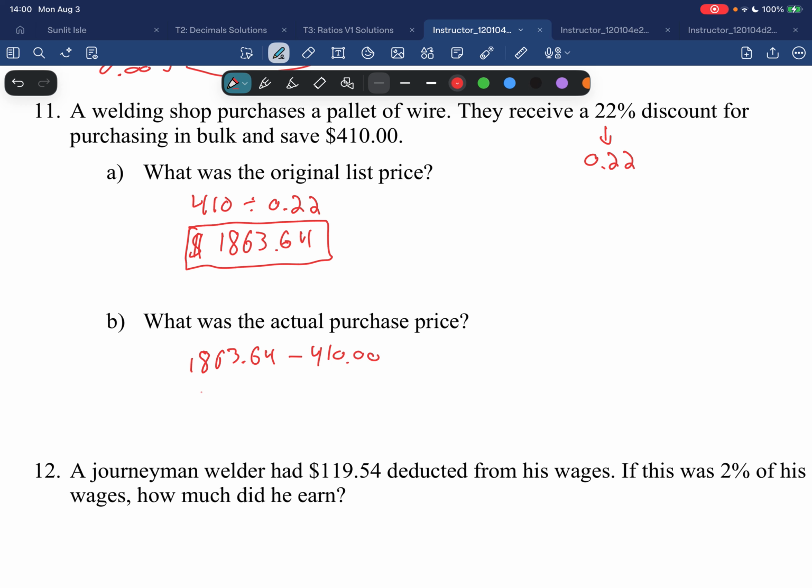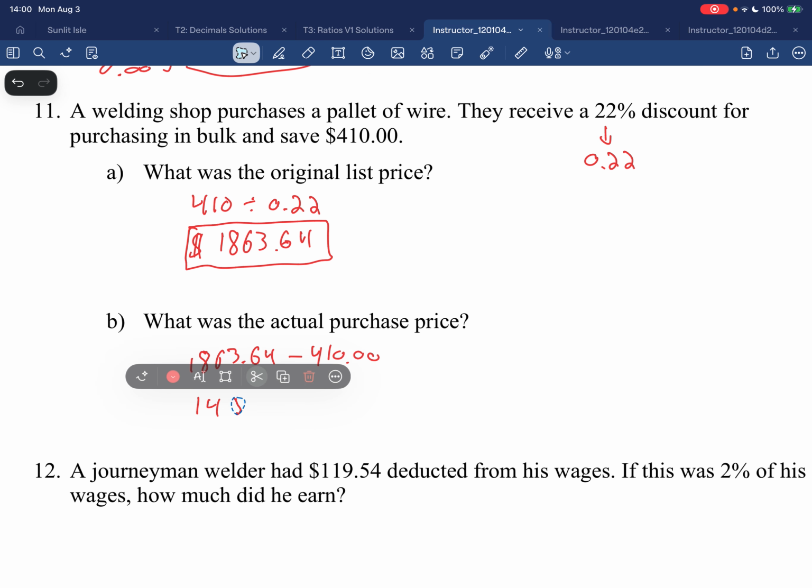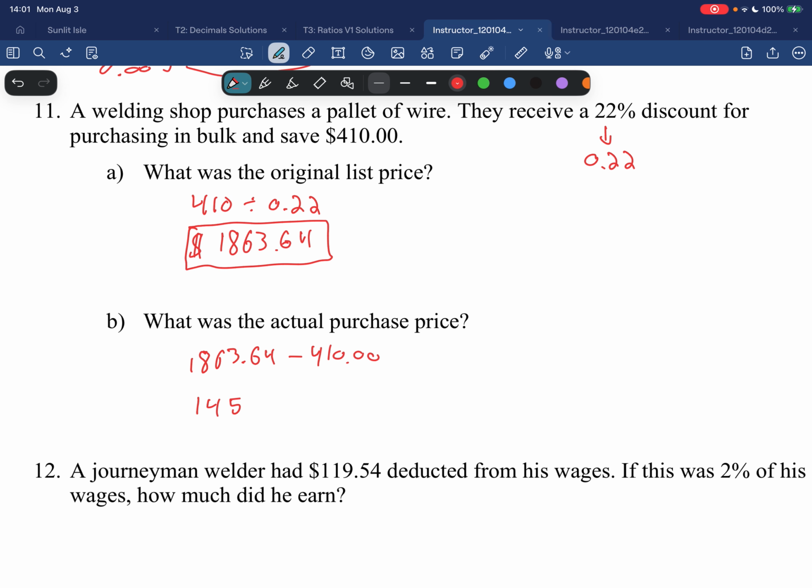And I will get 1453.64. Let me check. 1863.64 minus 410. Yeah, okay. So I did do this correctly.